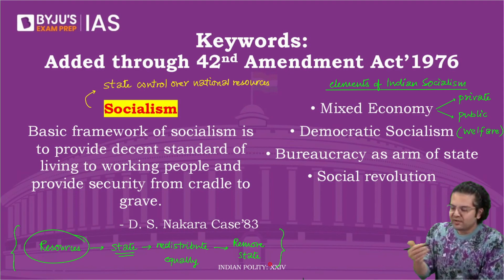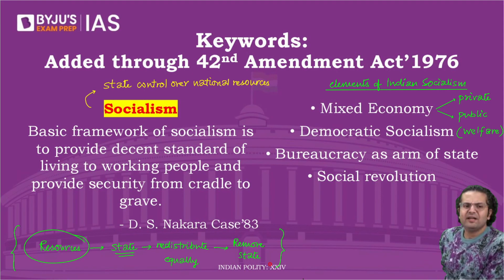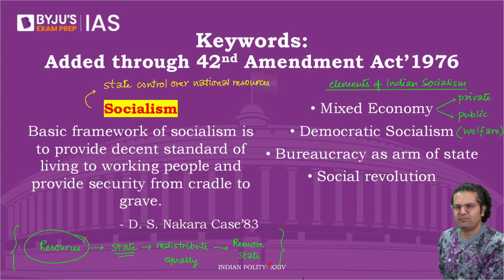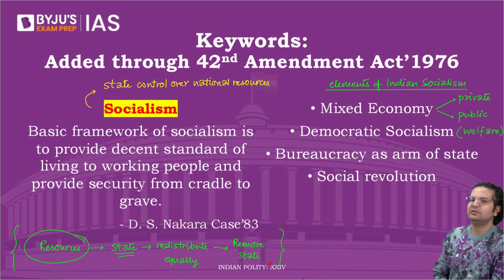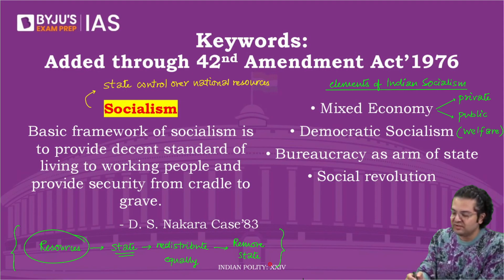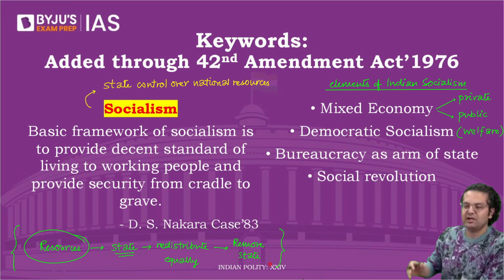So, bureaucracy is perceived by socialist countries as a class, an elite group of people. So, these socialist countries want to remove bureaucracy also. They want to create a classless society. But in our country, it is not possible. It is not possible because bureaucracy is a very important element of the state.